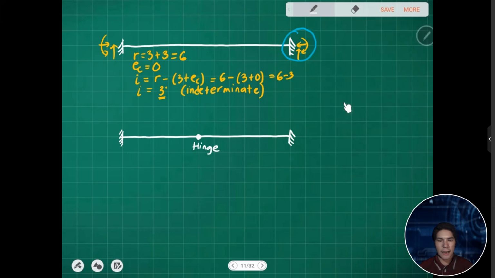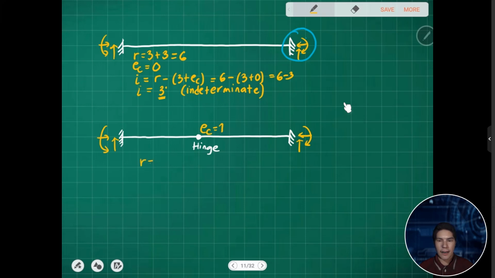Again, the number of reactions is 3, and then we have a conditional equation here for the internal hinge.